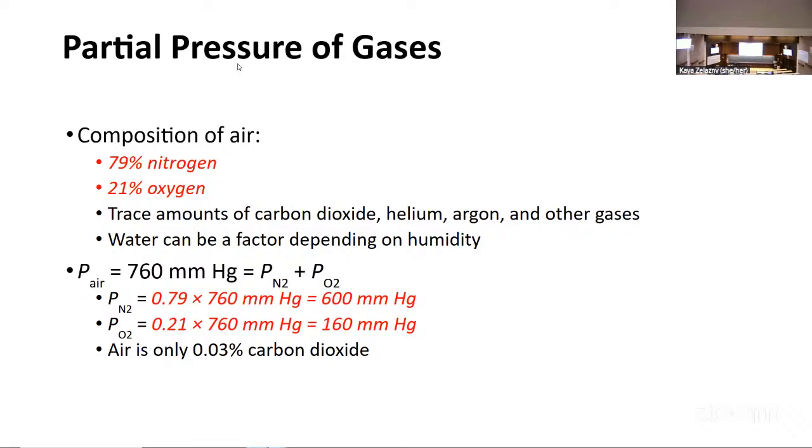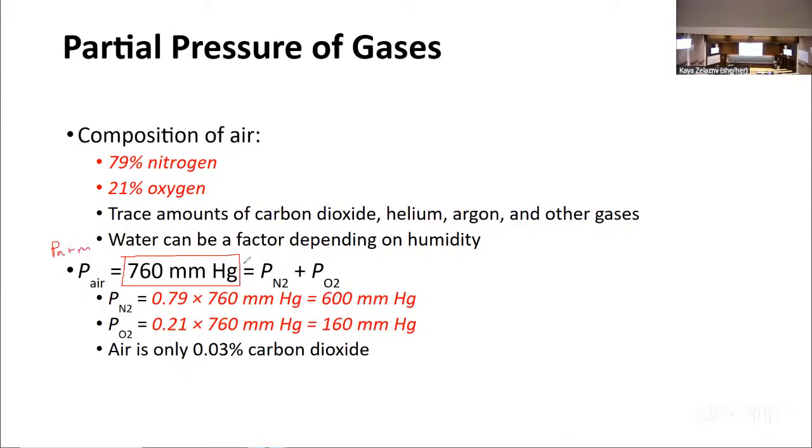Okay. So we're going to ballpark our total pressure in the air as about 760 millimeters of mercury, right? So that's like our atmospheric pressure here, right? So the total pressure of the air essentially is our atmospheric pressure. Okay.